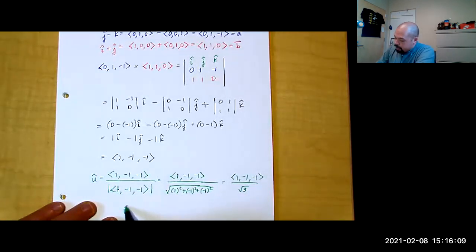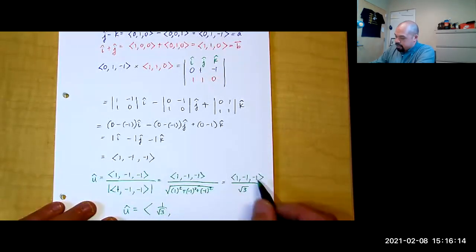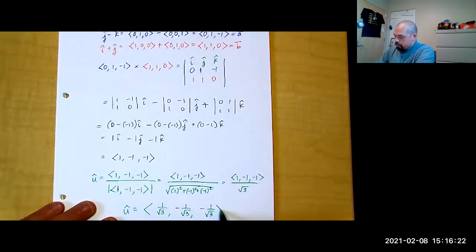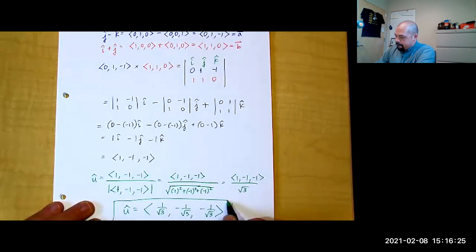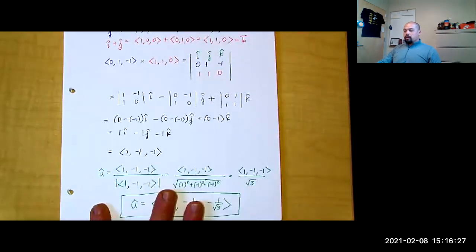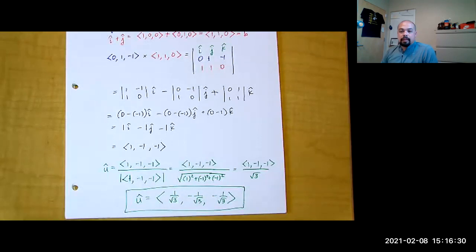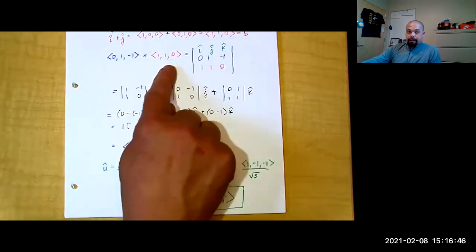And so for that unit vector, 1 over the square root of 3, dividing component-wise, negative 1 over root 3, negative 1 over root 3. So there's a unit vector. You can double check. It's going to be orthogonal to these two original vectors.